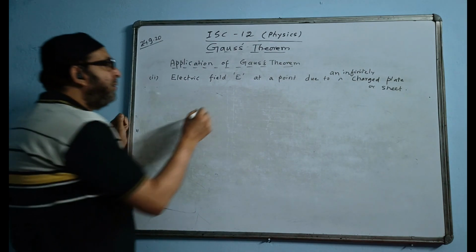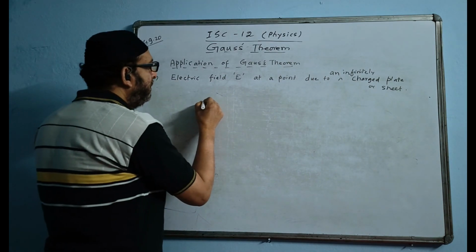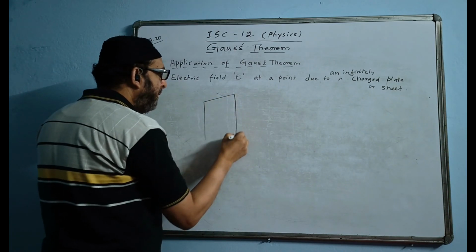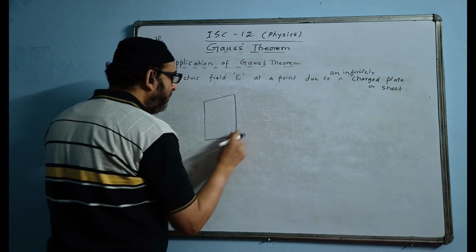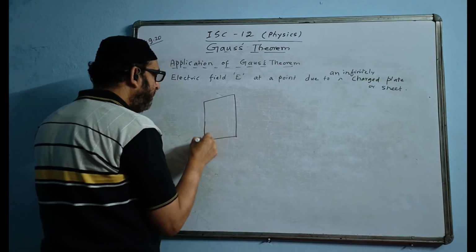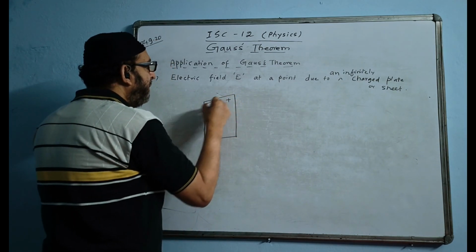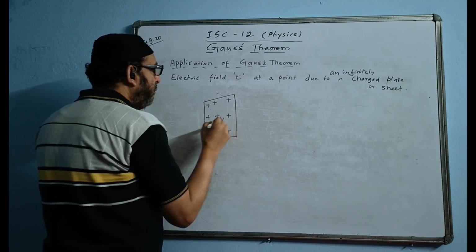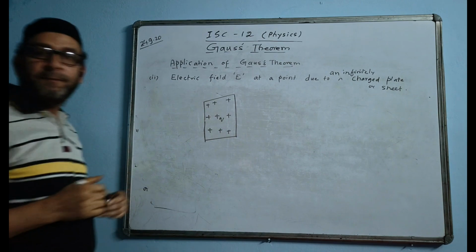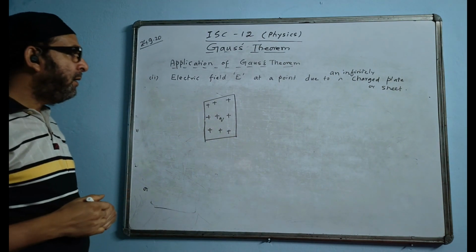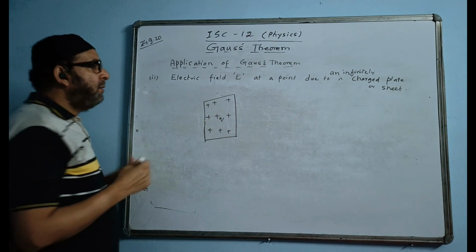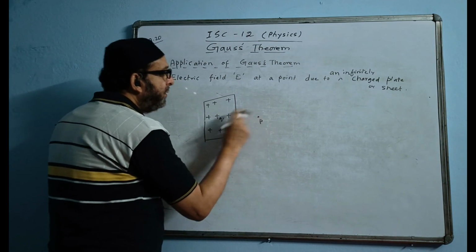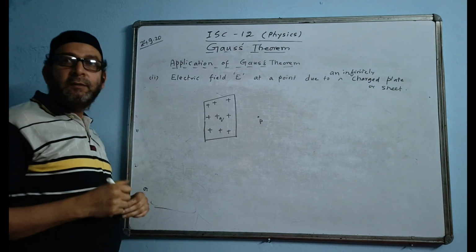So for that we'll draw a charged plate. Let us draw a charged plate like this. Plate thickness is very small as compared to the length. We are giving a kind of charges here, maybe positive charges, we are giving Q, and the area is A. We will take a point P near it where we are going to find the electric field.